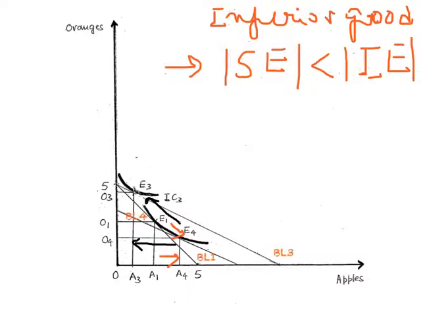It falls, and here you can see the increase in consumption of apples because of substitution effect is smaller than the decrease in consumption of apples due to income effect. So what will be the overall price effect? It will be to decrease consumption of apples. And what is the price effect? It is A1, A3, or the sum of substitution and income effects.